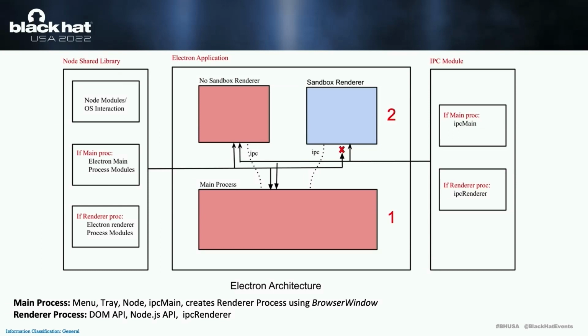And you can also apply a lot of security settings within the BrowserWindow configuration, within a flag known as webPreferences. That way you can control what type of renderer process you want. The less restrictive you are, the more vulnerable you are.